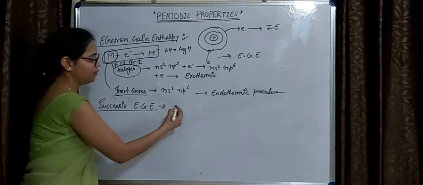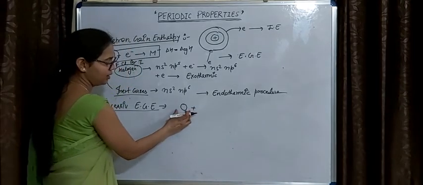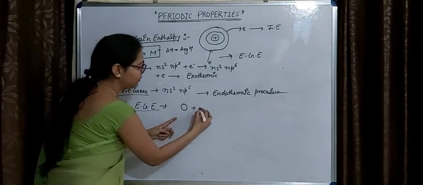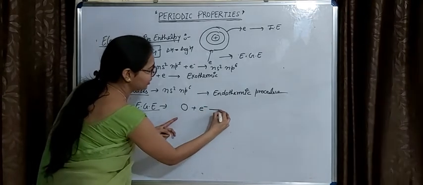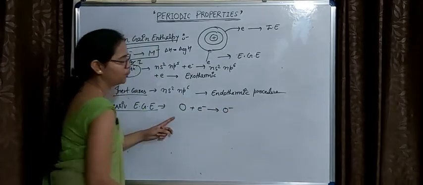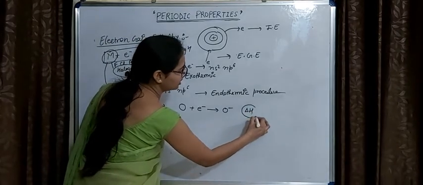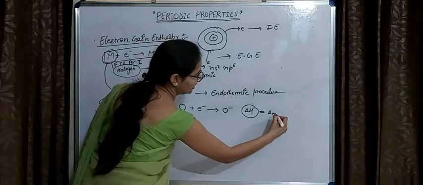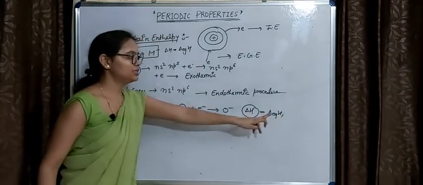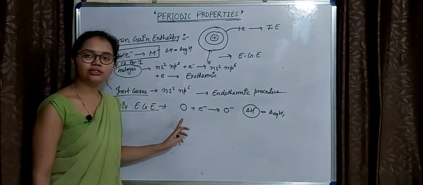Now suppose we are using oxygen here. Firstly we are using atom and we add one electron here. So after the addition of this electron, it will be converted into O negative. Okay, and the enthalpy change in this procedure will be known as delta EgH1, means first electron gain enthalpy, as we are adding the first electron.